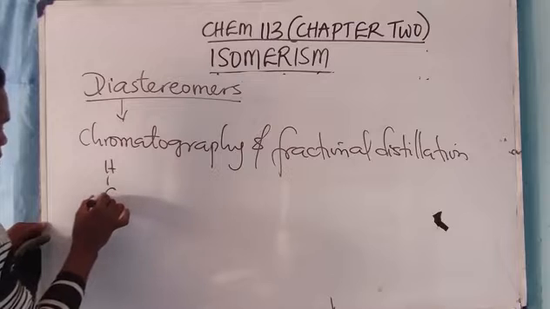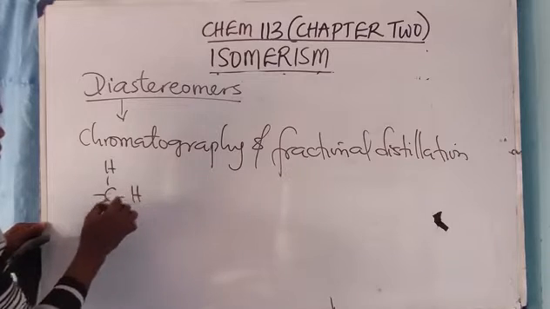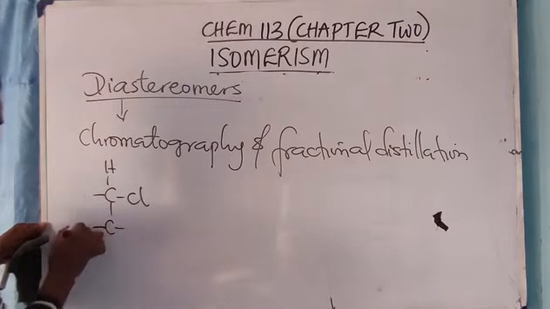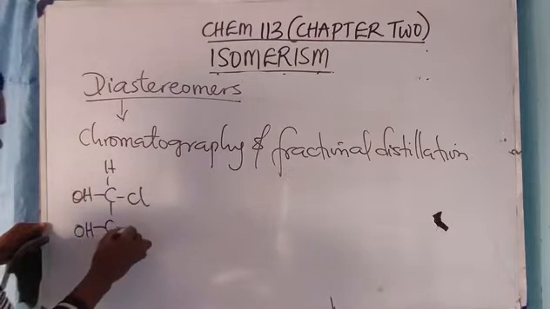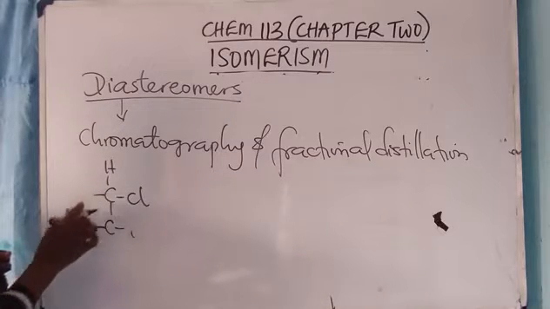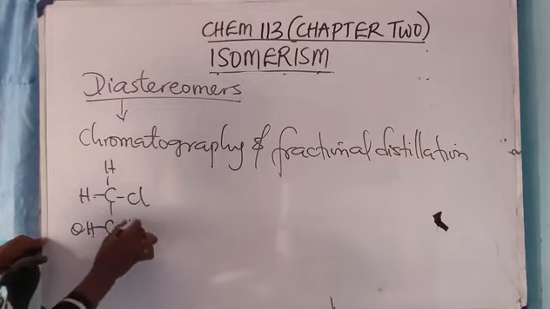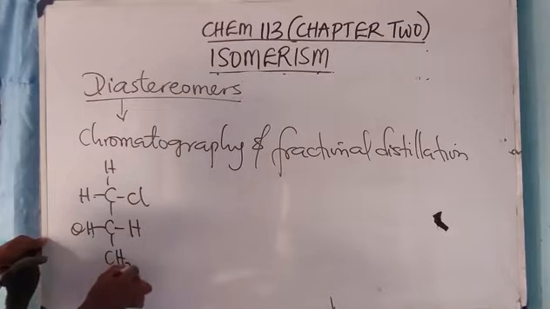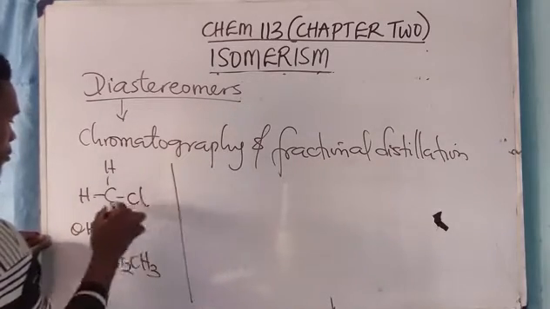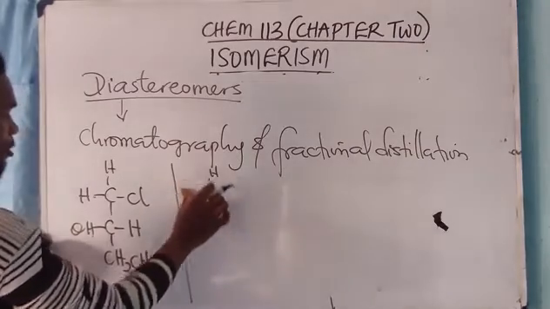Okay, if I have something like this, H, Cl, H, so doing it, I'll have H, C. No, I'll not have Cl here.